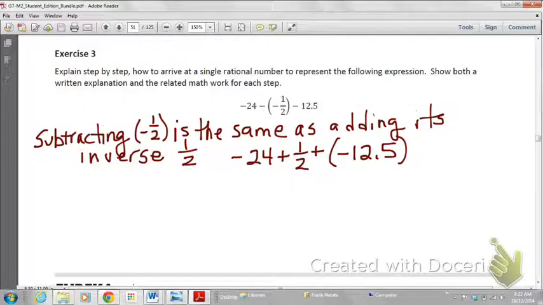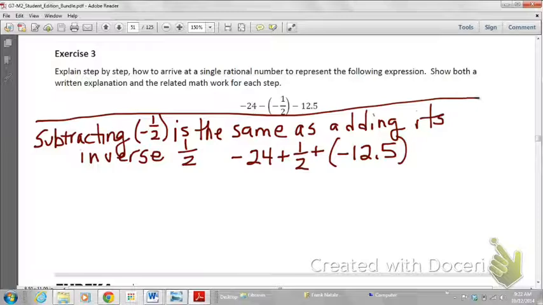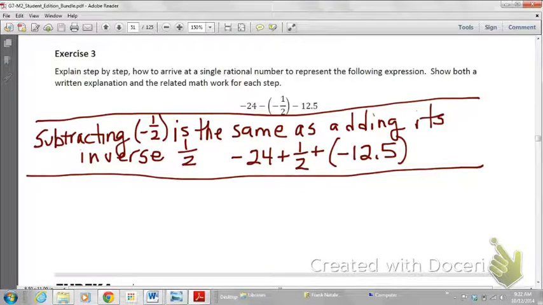Okay, so this would be my first step right here. What I've done is I've explained it, telling you the property that I'm using, and then writing the expression as it has evolved at that point. Okay, for you, what I want you to do then is to go ahead and do the next step.